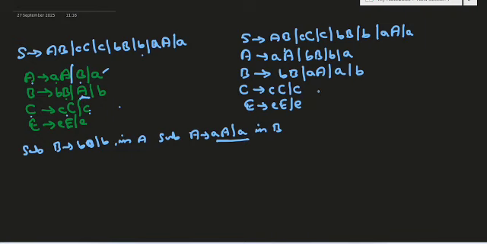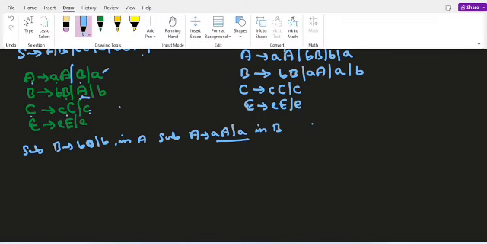Now that's it; we have eliminated all these things. Finally, we have to find the unreachable symbols here. We have eliminated epsilon productions, null productions, and unit productions also. Now, what is unreachable? This is the final step, step 4: eliminate unreachable symbols.